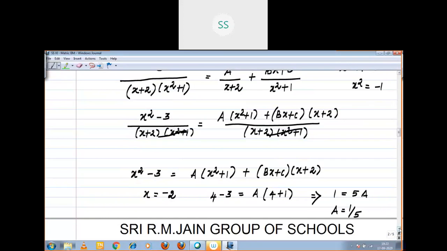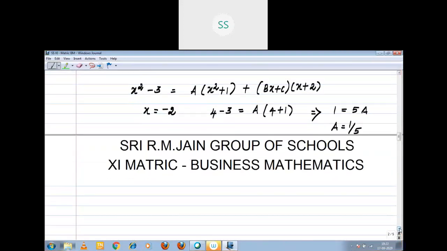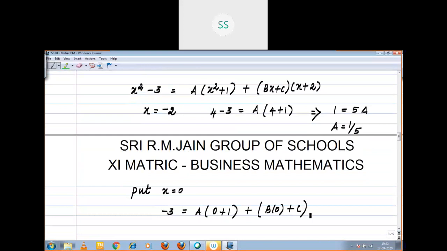Now I am going to move to x is equal to any value you can substitute. Put x is equal to 0. Then x is equal to 0 means the left hand side you arrive at minus 3 equal to a into 0 square plus 1 plus b into 0 plus c into 0 plus 2.